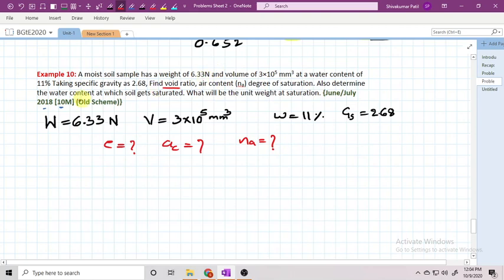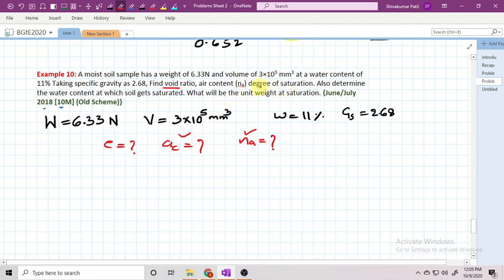I have taken the problem as it is from the question paper, so there is a small mistake here. They wrote air content, but they gave the symbol of percentage air voids. Even though they meant air content, they mentioned the percentage air voids symbol here, so we will calculate both.